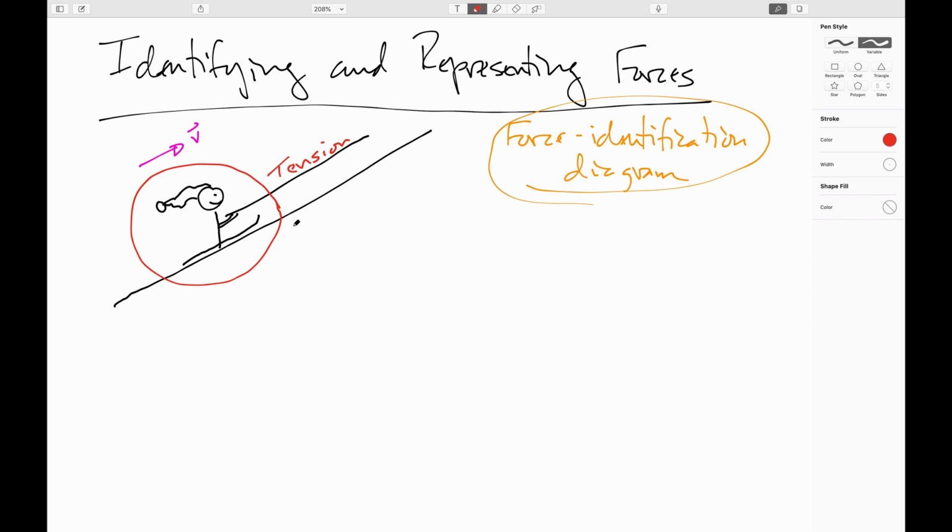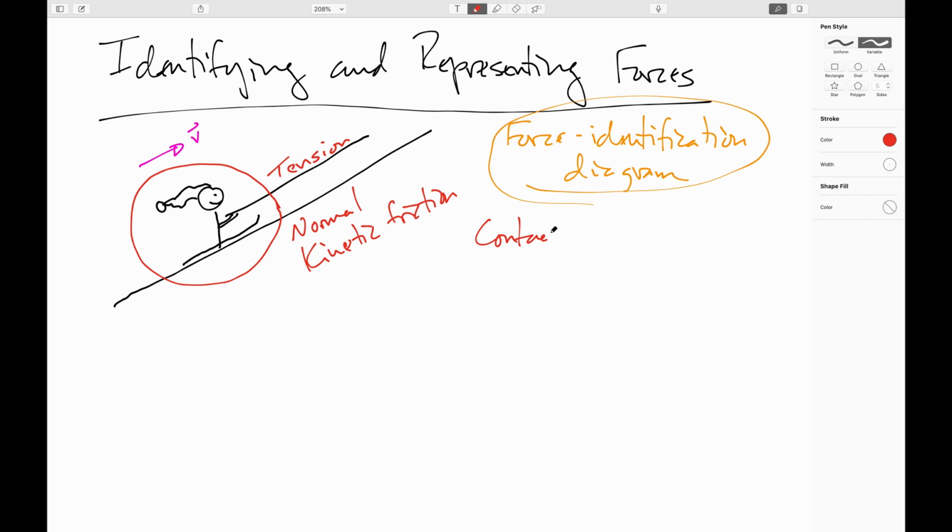So we'll have a normal force from there, because otherwise you would just fall through the snow if the snow weren't pushing back. And because you're moving up the hill, so okay, that velocity vector was useful, that means you're sliding against the surface, so there's also a force of kinetic friction. So we can identify our forces.